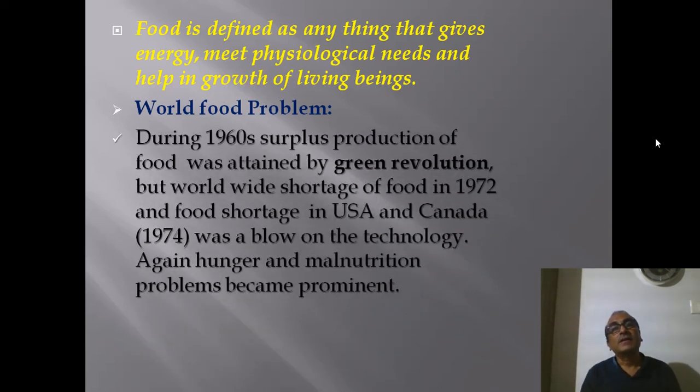There is one piece of data given here. During 1960, that is the 60s, from 1960 to 70, there was surplus production of food in India as well as abroad in Western countries, because there was a wave of scientific technology used in growing good quality agricultural products using biotechnology, genetic engineering and so on.